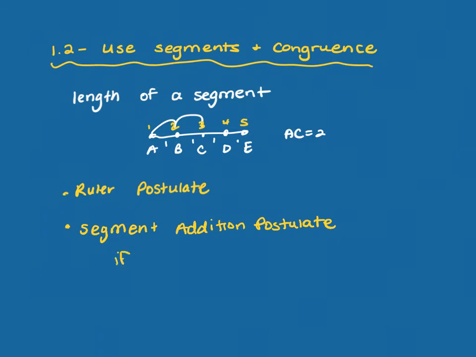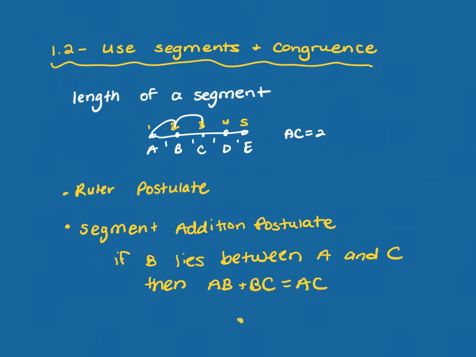So if B lies between, not necessarily halfway between, just between A and C, then AB plus BC equals AC. So you've got your segment, somewhere between A and C lies B. Again, not necessarily halfway between, but if I know this and this, I can add them together to get the whole.